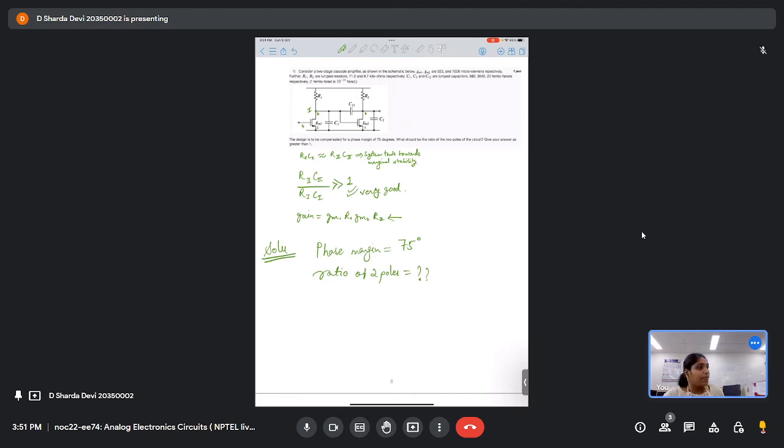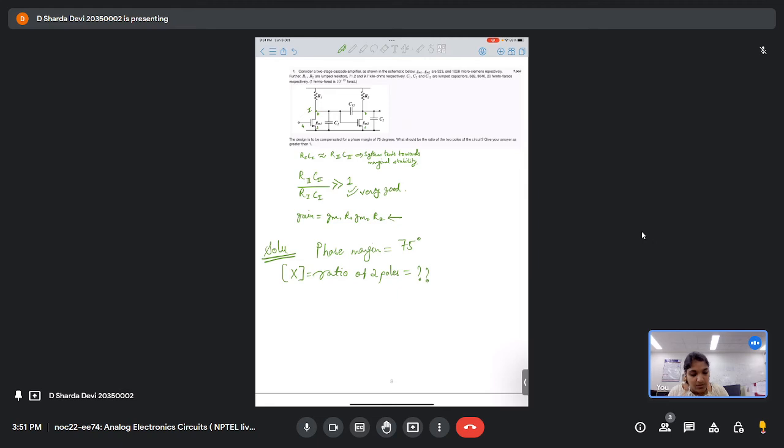So the ratio of the two poles was called x, and this was also derived in the lectures.